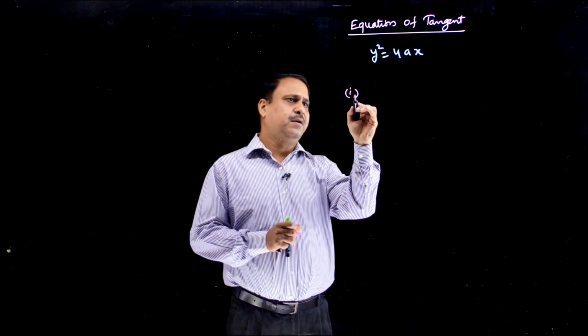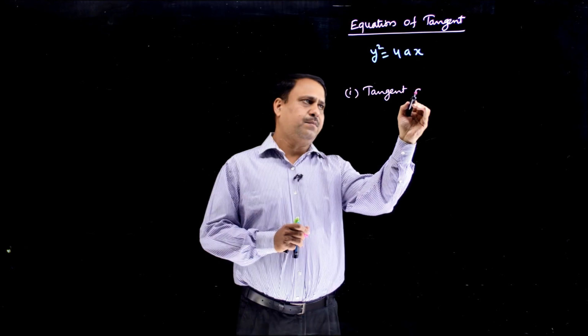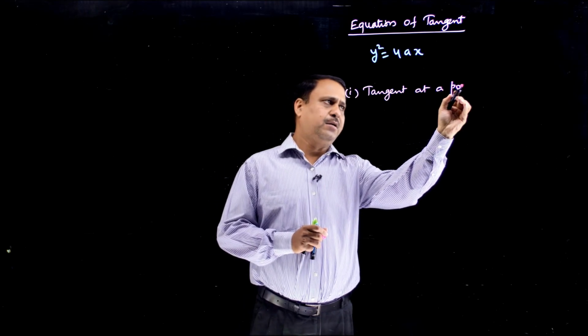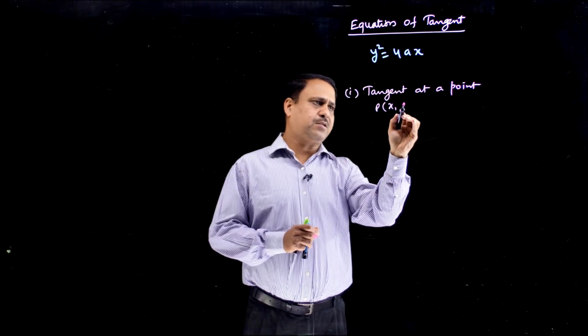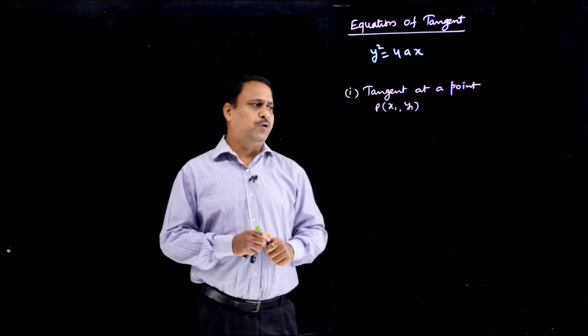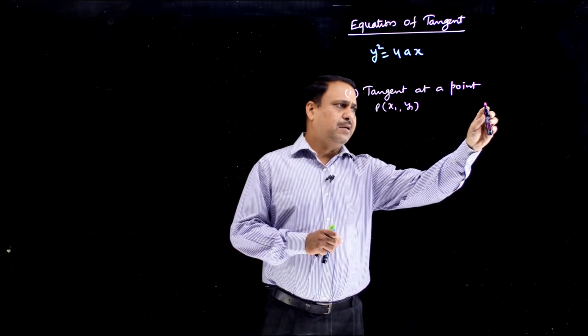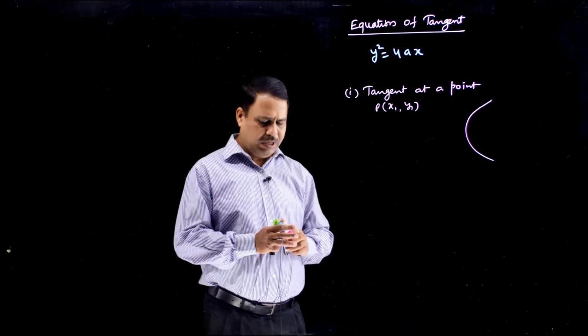First is a tangent at a point P(x1, y1). At a point, that means here the point lies on the curve. Whatever is the curve, the point lies on the curve.